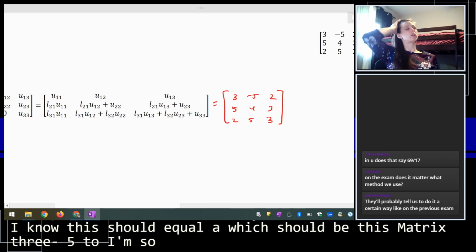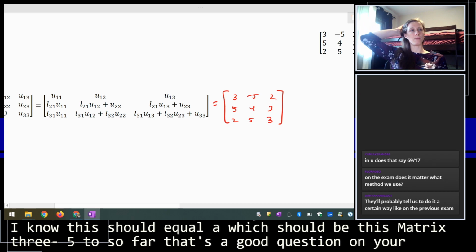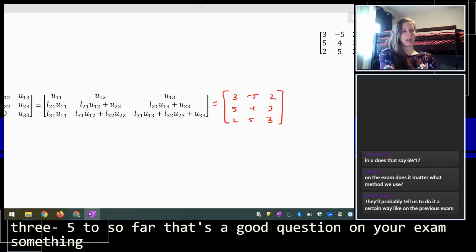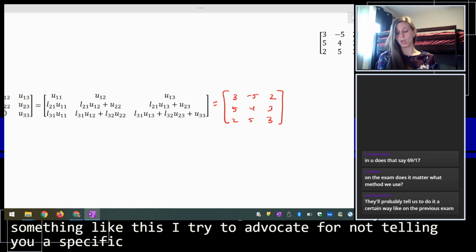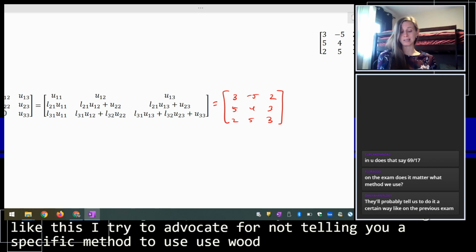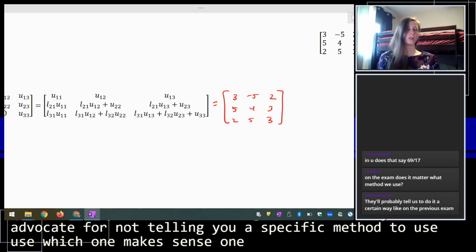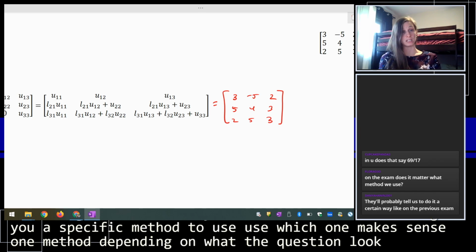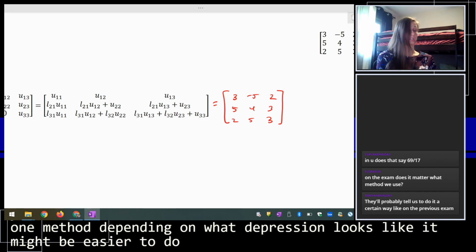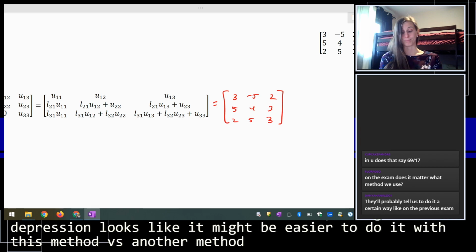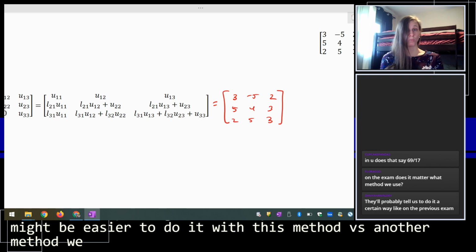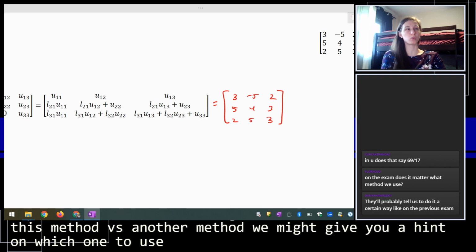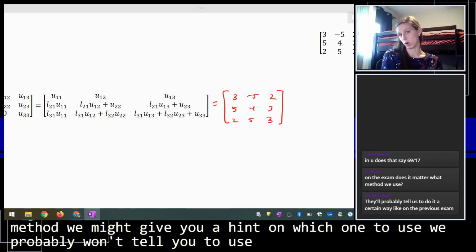So Flora, that's a good question. On your exam, something like this, I try to advocate for not telling you a specific method to use. Use which one makes sense. Depending on what the question looks like, it might be easier to do it with one method versus another. We might give you a hint on which one to use, but we probably won't tell you to use a specific one.